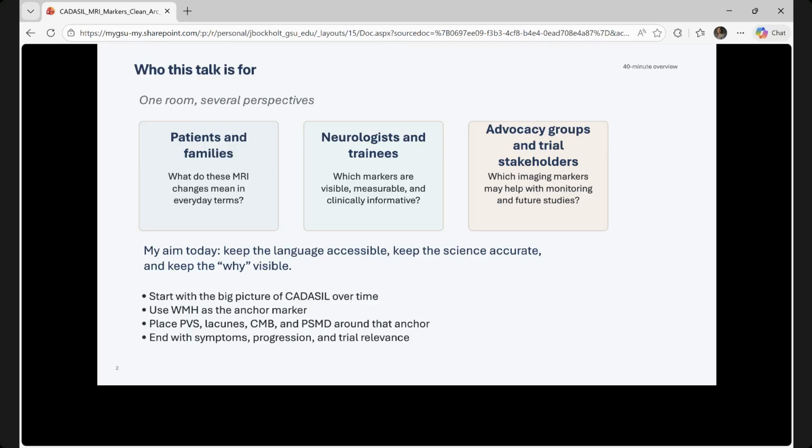And over time, the protein mutations actually cause the degradation of the endothelial cells and the astrocytes and increase the permeability, so the space in between.